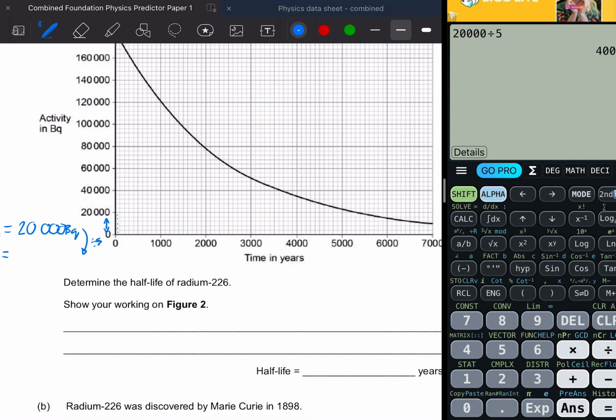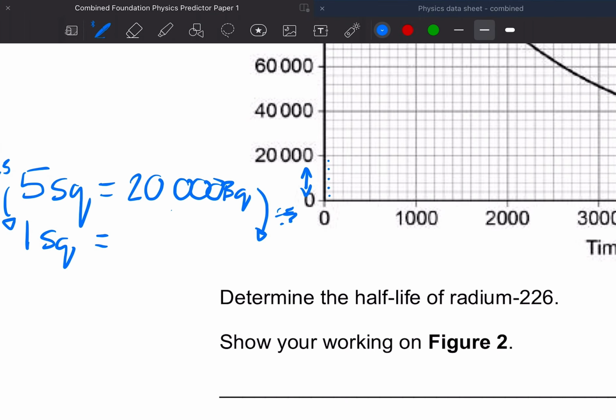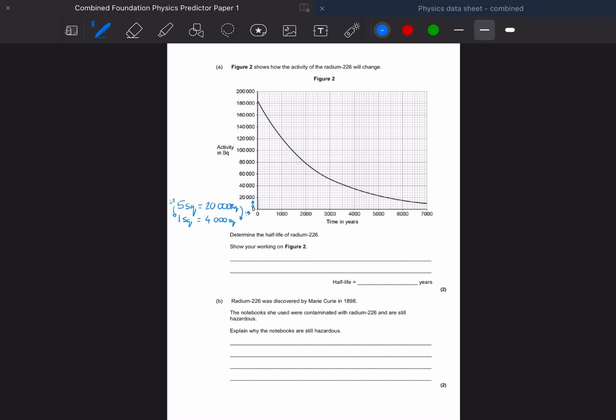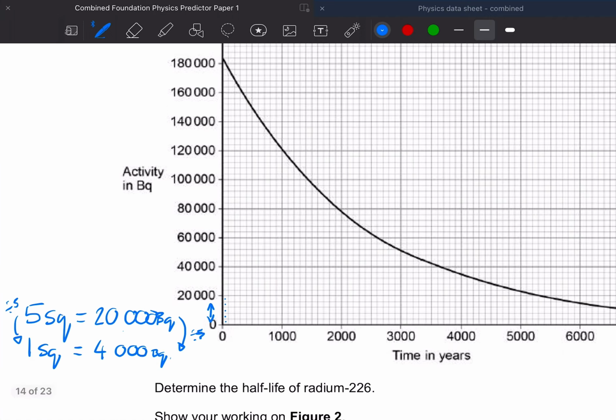So each square is worth 4,000 becquerel. Now, you don't need to do that, it's not going to be on the mark scheme, but in order to understand graphs, I think it's really important that we know how to work out what every single square is worth. I'll show you why we need that now.